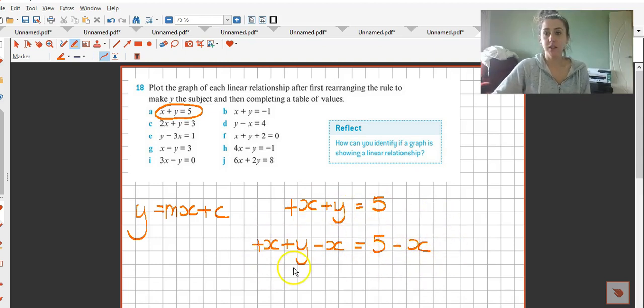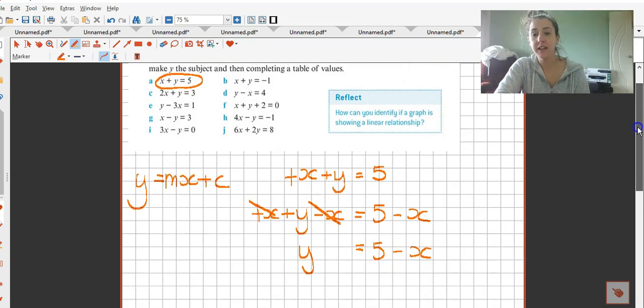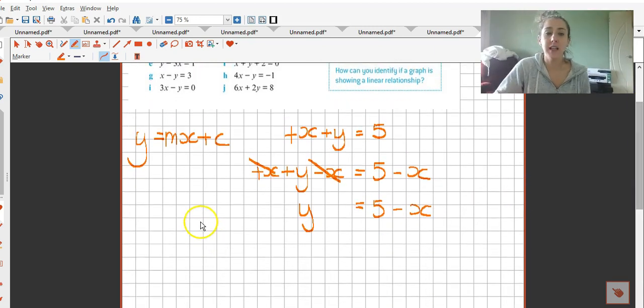That comes back to that strips and squares idea. So this cancels out on this side, and what we get is 5 minus x on this side and y on this side. So we've got y is equal to 5 minus x. Now you might be thinking, hang on, that's not in that nice little format that I like, I haven't got x at the front.